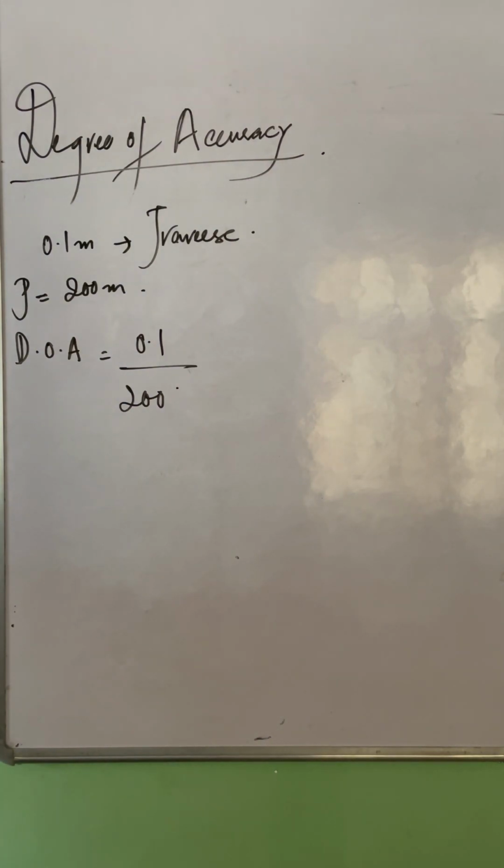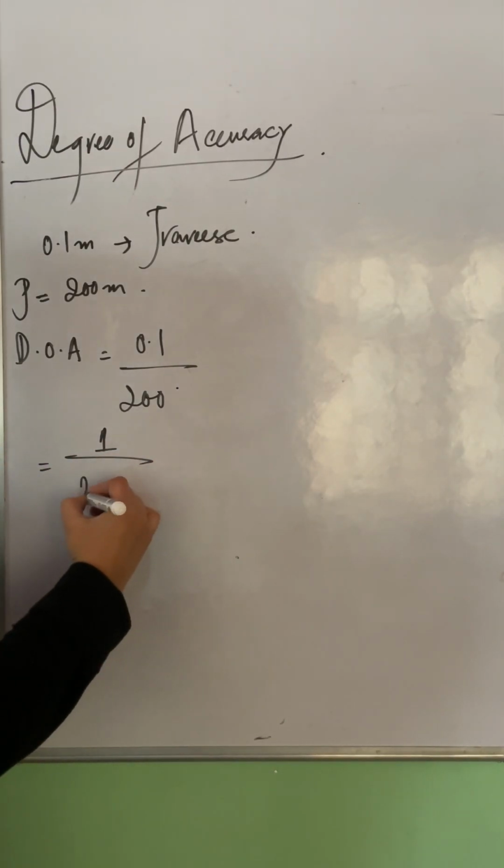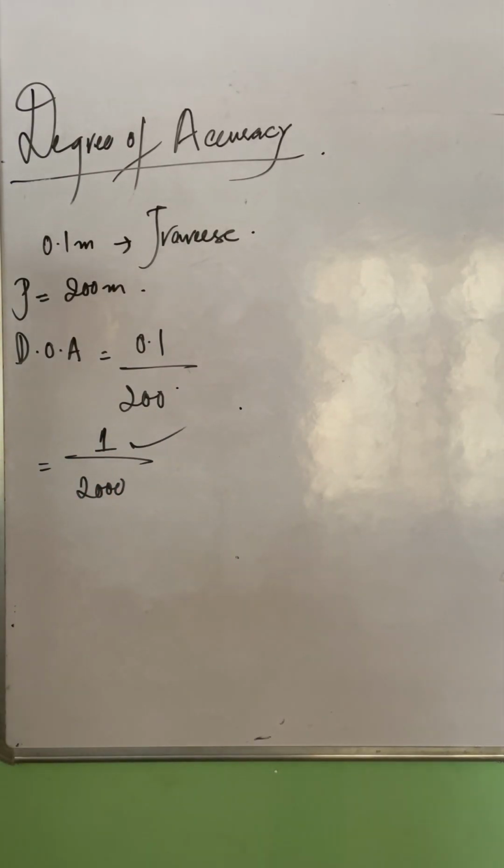If I express it with numerator as unity, it will be equal to 1 by 2000. So in this traverse, whose error of closure was 0.1 meters and whose perimeter was 200 meters, there is a degree of accuracy of 1 in 2000. That means there is 1 unit of error in every 2000 units.